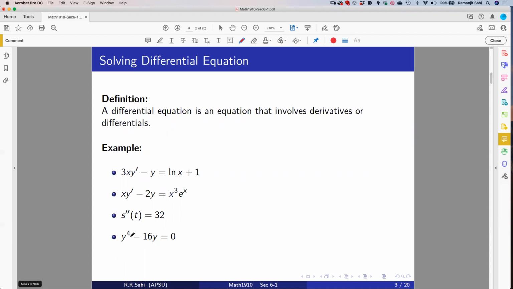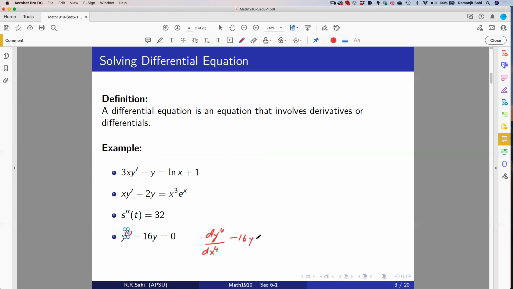Or we can have a fourth order differential equation. This should be y. This is a fourth order differential equation. Sorry for this little typo. Or we can write this as d^4y over dx^4 minus 16y equals 0, supposing my independent variable is x.